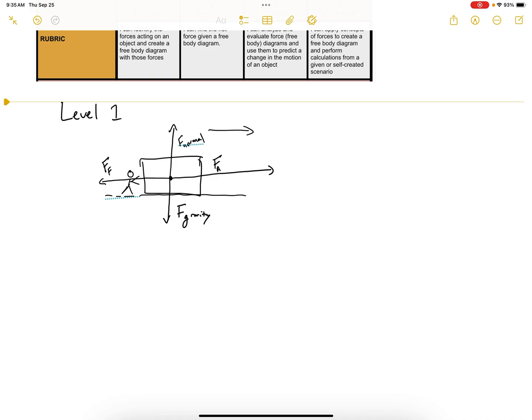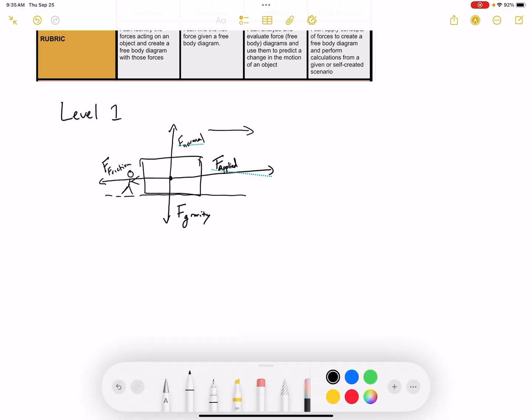That's our force of friction. So there's our force of friction, and here is our applied force. If I give you a basic scenario and you can identify the forces acting in that scenario, you will get a 1. That's what I'm looking for you to get a 1.